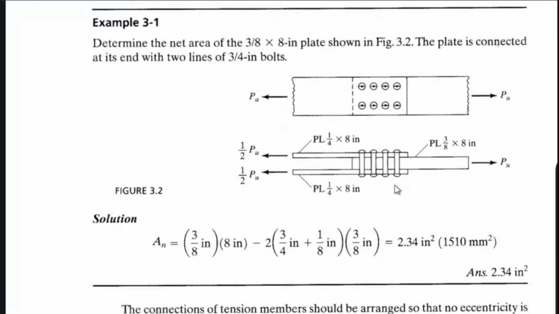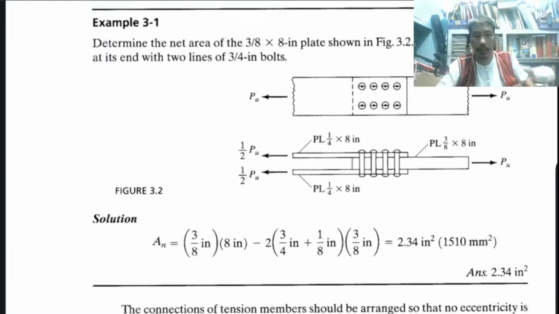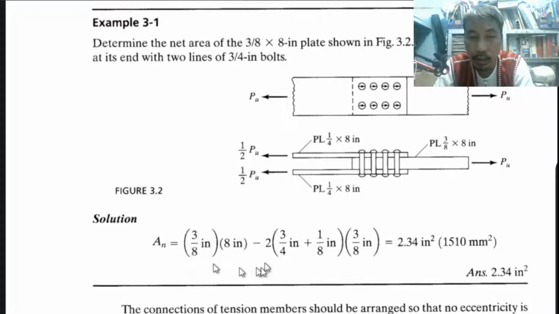So let us find out the area. If that is the given problem, how can we compute the net area? The gross area is 3/8 inch times 8. This is what we mean by gross area.